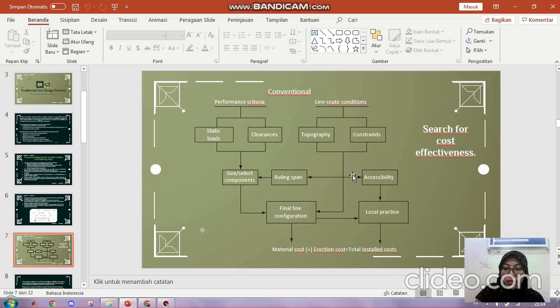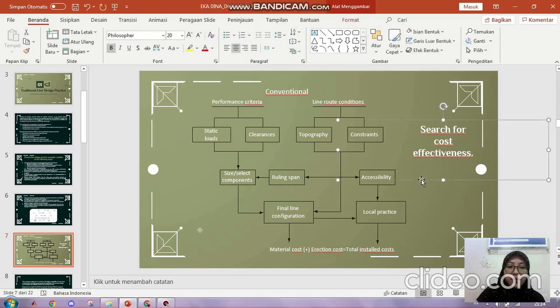From the topography or constraints come accessibility and the ruling span, then the ruling span load, sizing or selecting components, the final configuration, and so on. Okay.